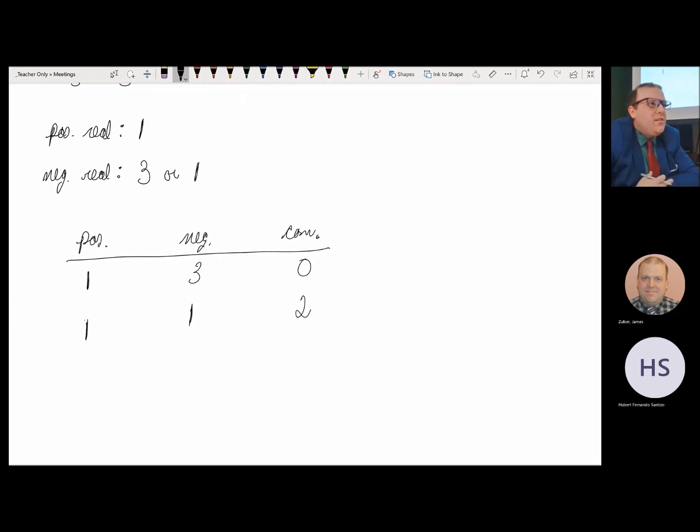There would be no other combination. Good. The number of complex zeros is even, as it should be, because they always occur in pairs. So we're either going to have 3 negatives and 1 positive, or 1 positive, 1 negative, and 2 complex.